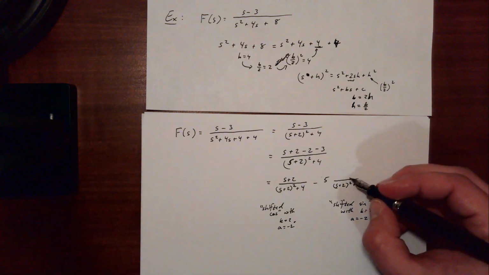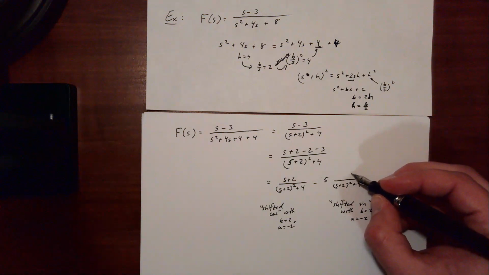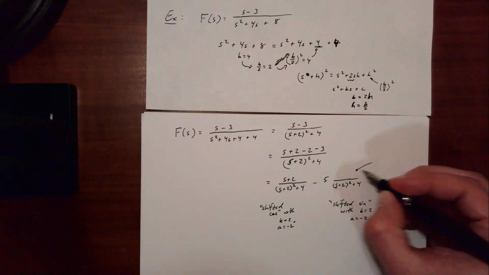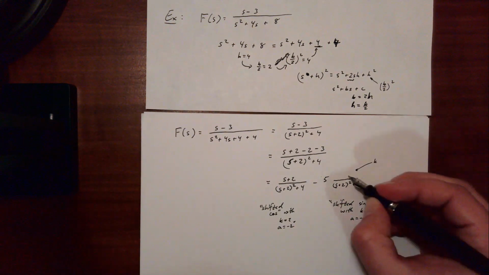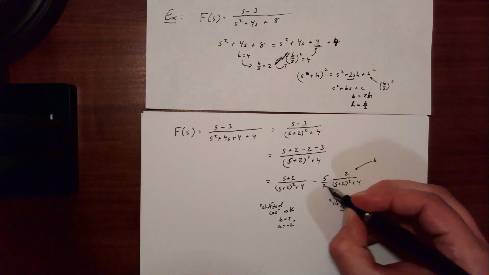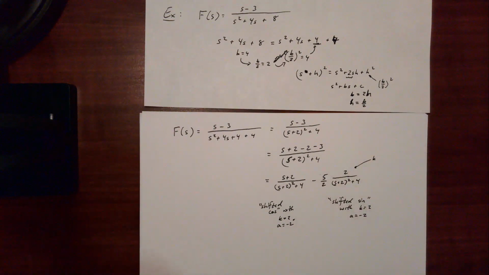Up here, we're supposed to have a k. So this is supposed to be a k, so it's supposed to be a 2. So then I balance the books by making it 5 divided by 2. So it's all a matter of robbing Peter to pay Paul here.